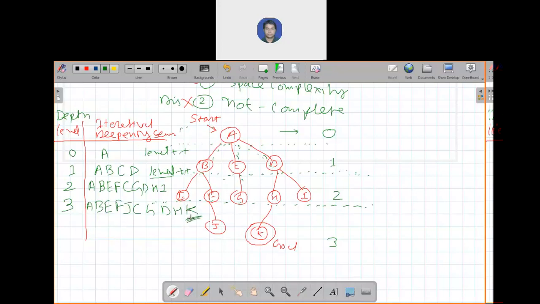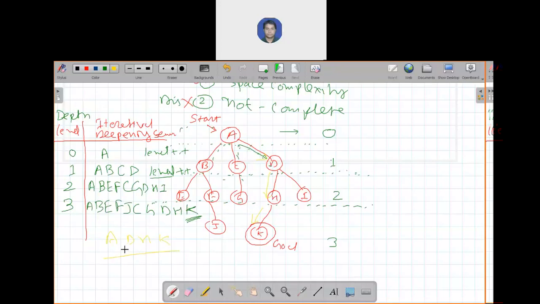So we'll stop. Ultimately you reached your goal state and found the path from start state to goal state, which is A, D, H, K. So you will return this goal state with its path, A, D, H, K.